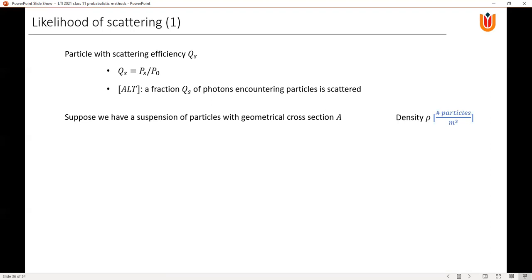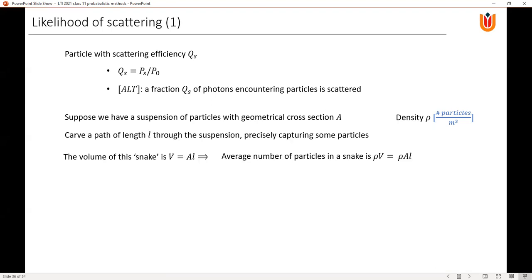Now suppose we have a suspension of particles. All these particles have a geometrical cross-section A and a density rho. So just defining that suspension. And let's carve a random path through that suspension. So the length of that path is L. And it is designed in such a way that it exactly captures particles as it goes in.